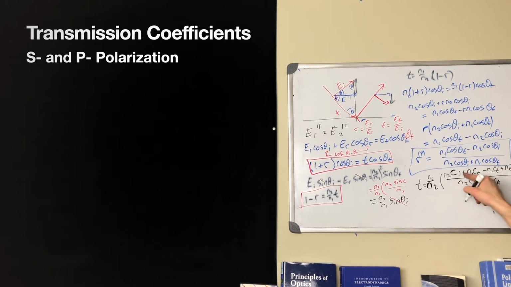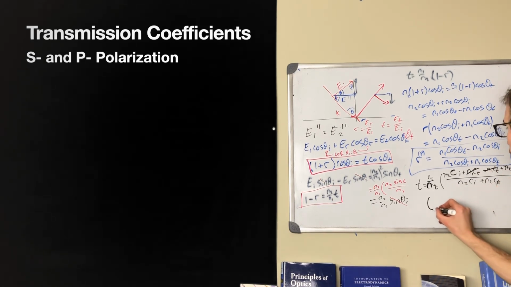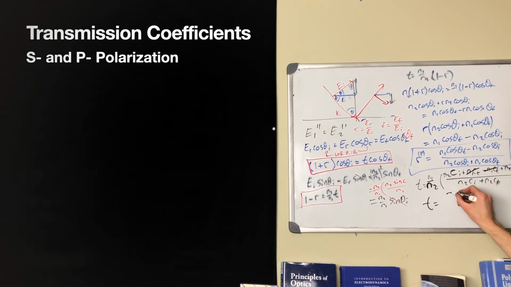Pardon my laziness, but it would be a lot of cosines to write. So we get some cancellation. These two cancel. The N2s are going to cancel and bring out an N1, and that gives us that t is equal to 2 N1 cosine theta incident over the same denominator as the reflected: N2 cos theta incident plus N1 cos theta transmitted.